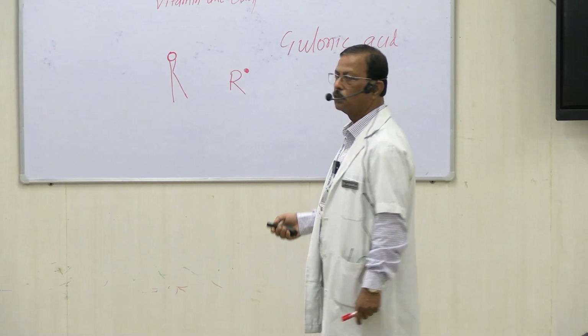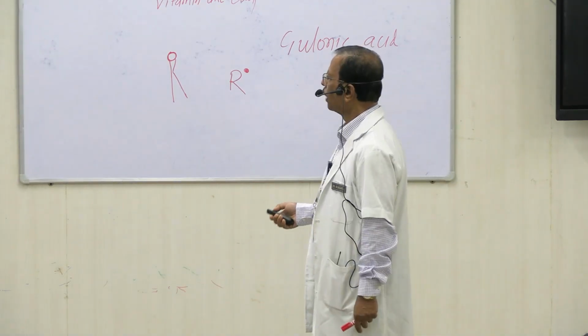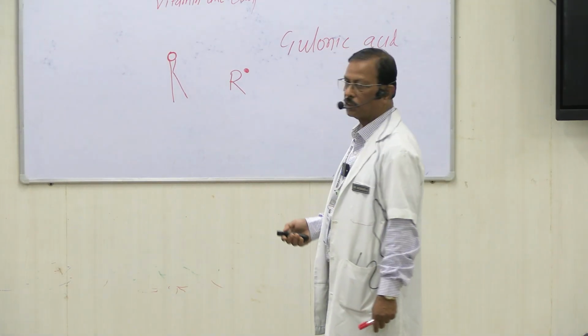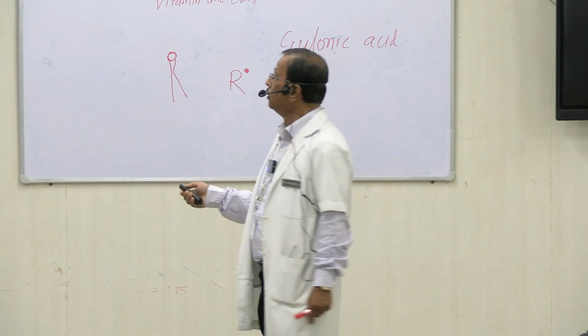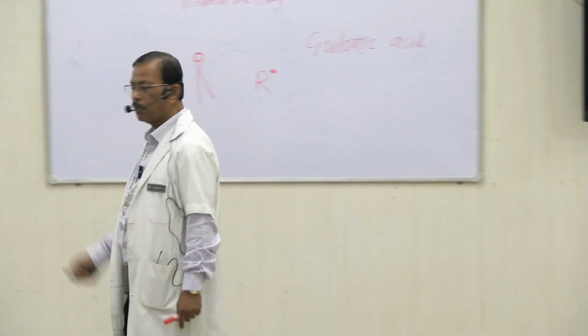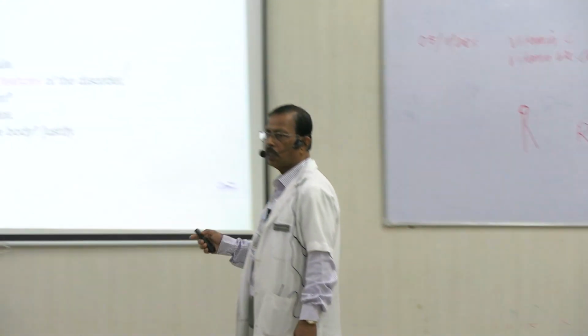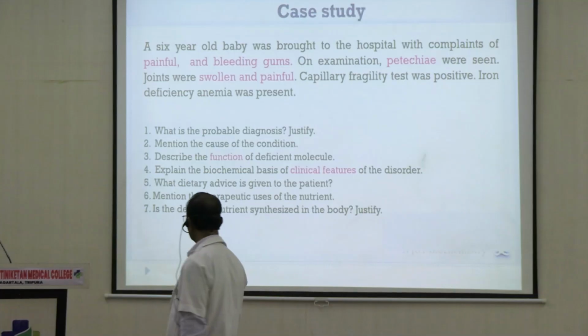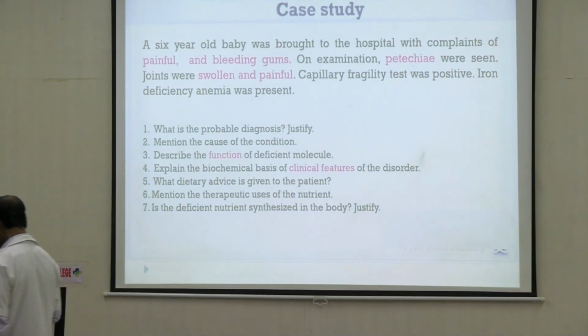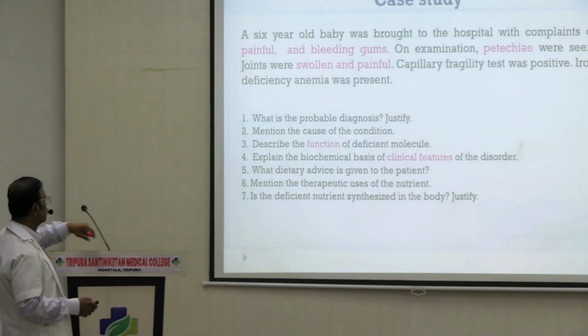Capillary fragility was positive. Why? Iron deficiency anemia was present. Why? These are the points. See, I have given 7 questions. When you get the question, there will not be 7. There will be hardly 4, or 3. So you have to give the reason of this disorder.